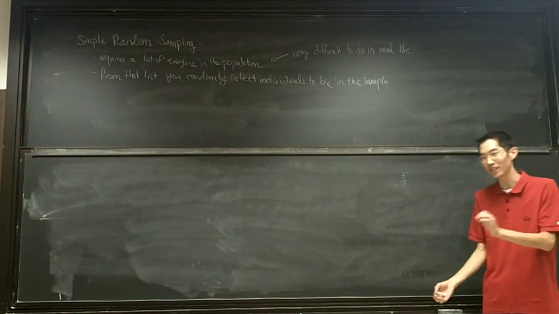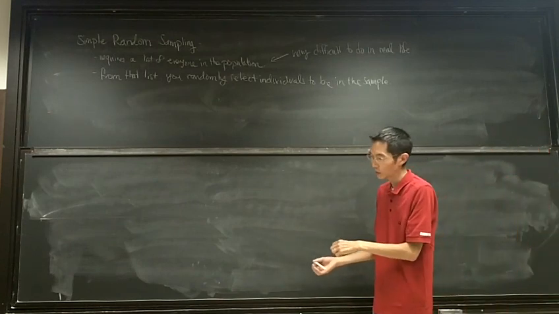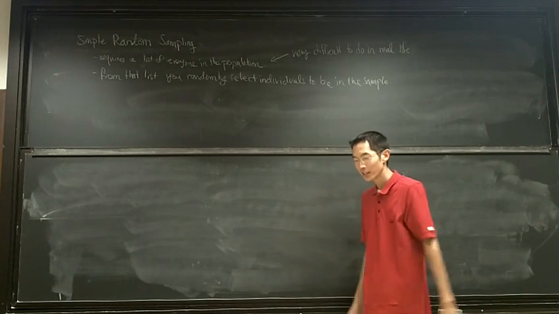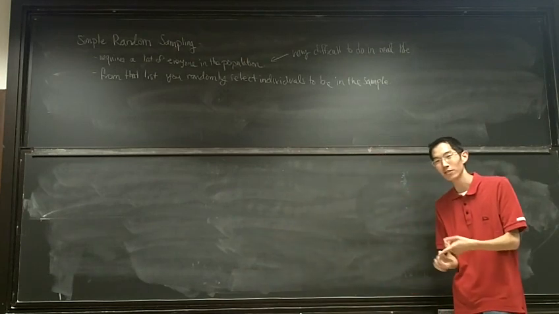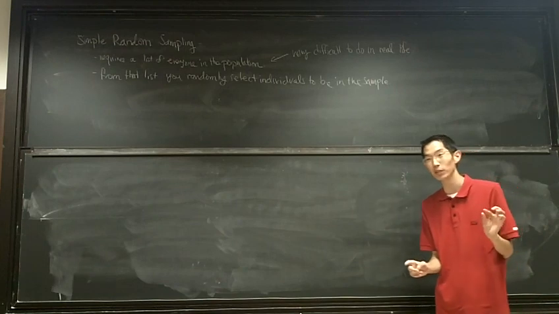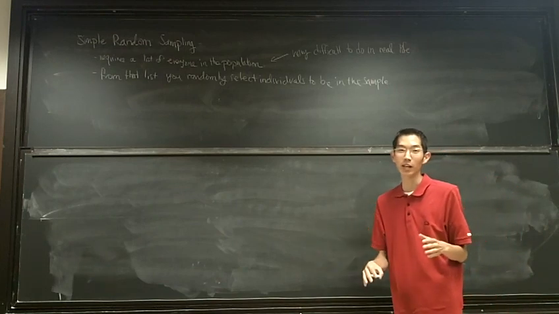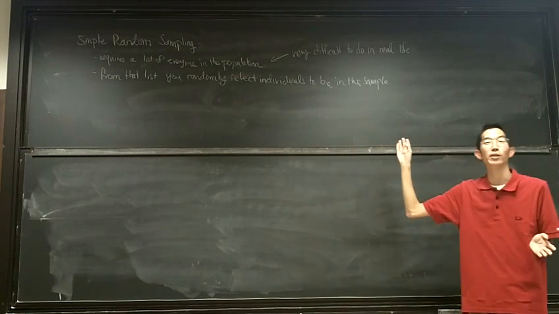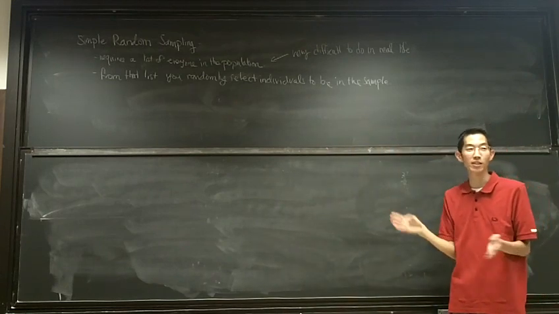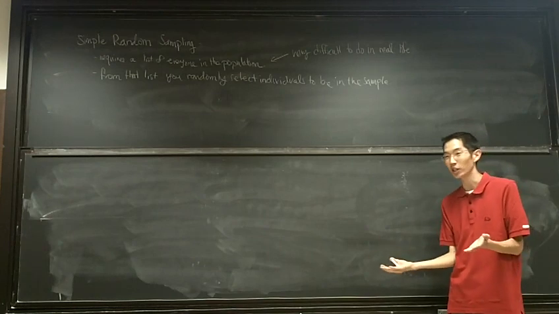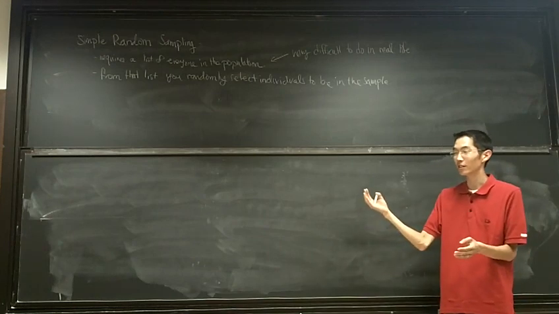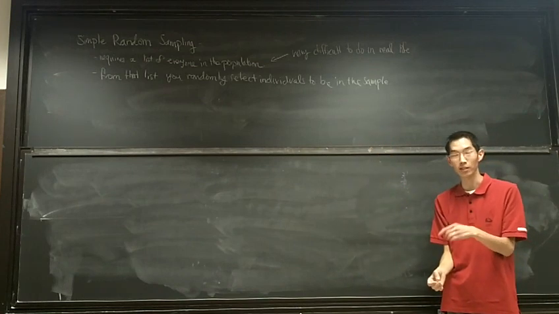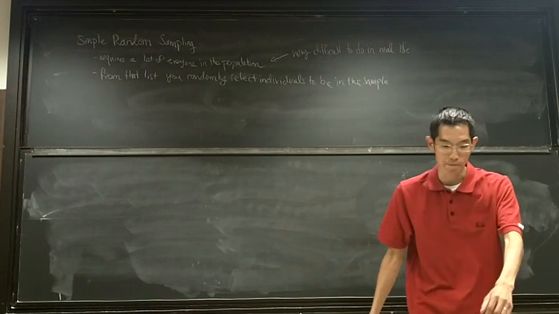A lot of the tests assume that, and so when you try to apply them in your workplace, you have to take things with a grain of salt, knowing that maybe the data you have was not collected via simple random sample, and so maybe the conclusions that you make are not going to be as strong as they would be had your data been gathered via simple random sampling.